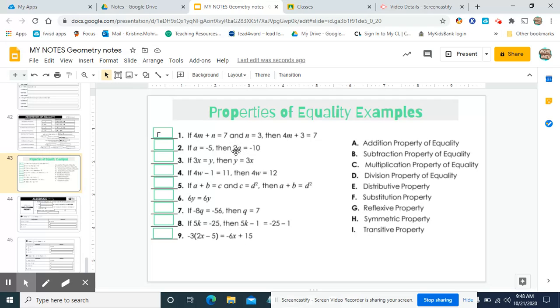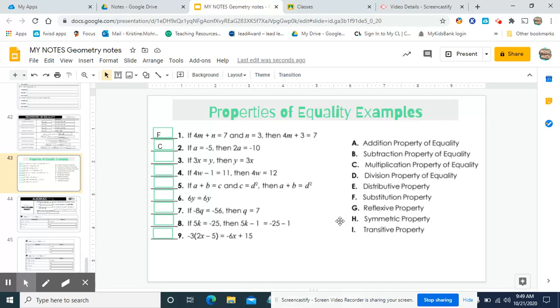We say 2a because it's easier, but really these two are being multiplied. 2 times -5 gives me -10. Since we had to multiply to get our answer, our property of equality will be multiplication. So letter C.